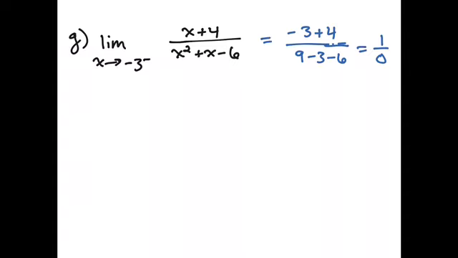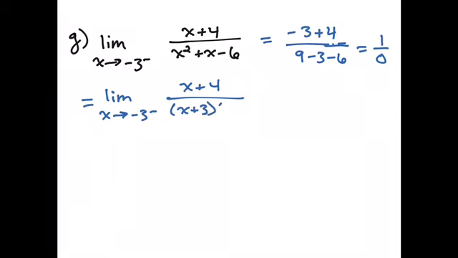We have to decide what the signs are. So I'm going to factor my denominator. What multiplies to negative 6 but adds up to 1? Positive 3 and negative 2.